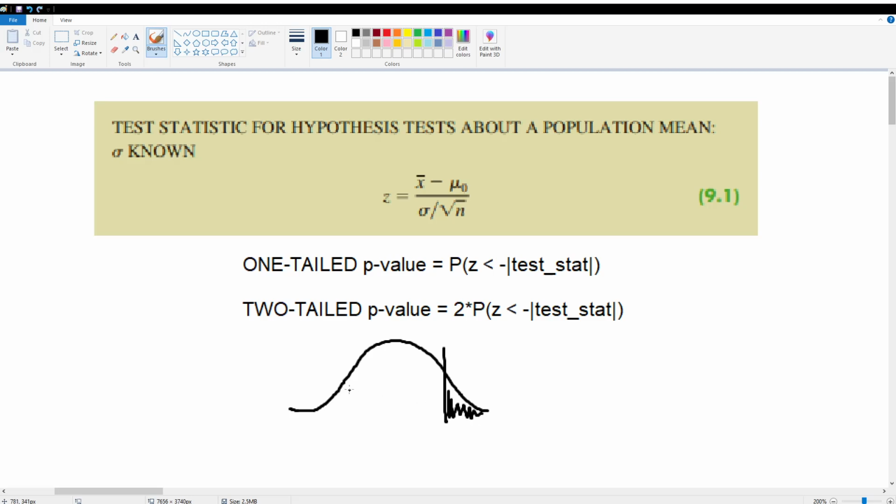If you go into your z-tables, it's going to give you all of that. But you need what's above, so you'd have to use the complement law. But what if instead we took the negative of this value and went over here and got this area? Because the normal distribution is symmetric, it's going to have the same probability. So therefore, by taking the negative of the absolute value of the test statistic, we immediately take care of the complement law if it exists.